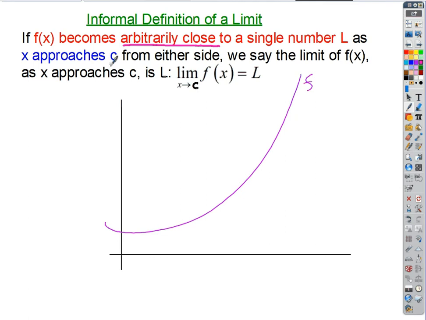But if we're still looking at this red statement up here, what do we mean by if f of x becomes arbitrarily close to a single number L? We're gonna get like L negative or L positive. Okay. I mean, now we're moving in the right direction a little bit. What does L positive or L negative really mean? How much? Infinitely small.